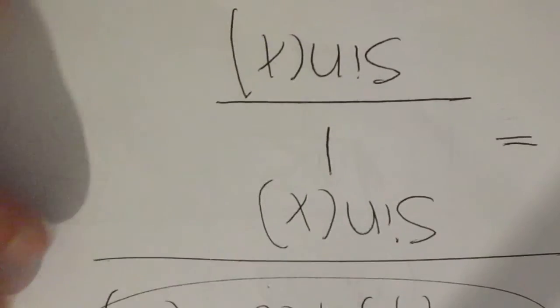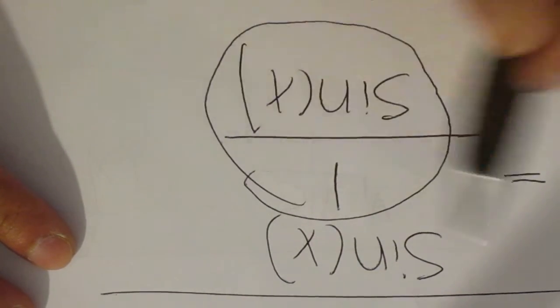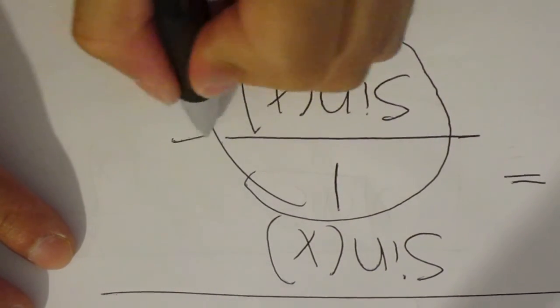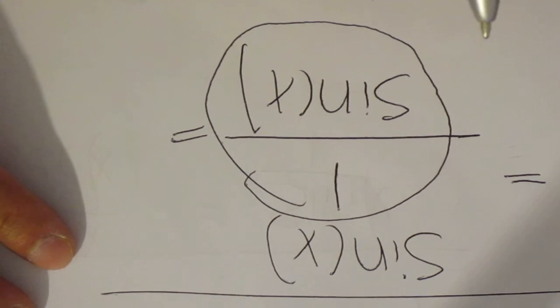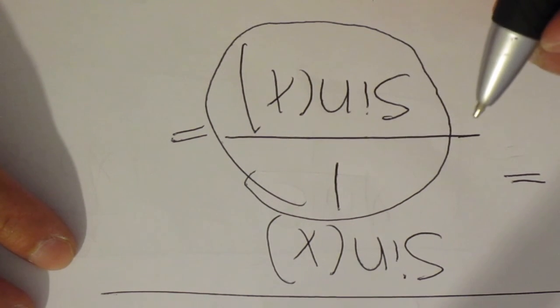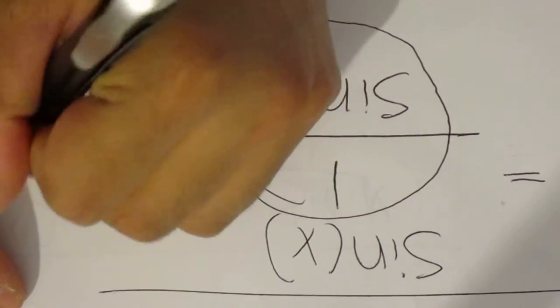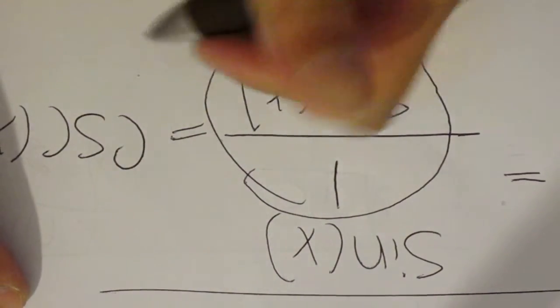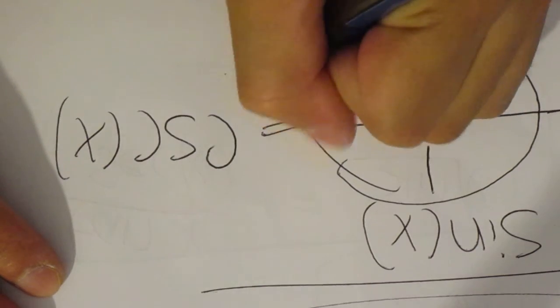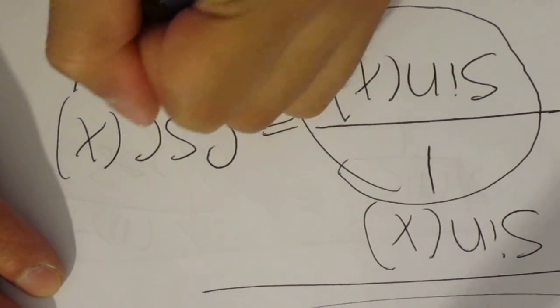And then you're left with 1 over sine of x, but isn't that an identity? What does that equal? Remember, cosecant of x equals 1 over sine of x.